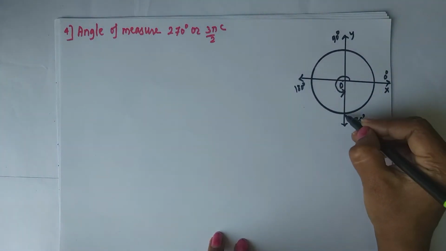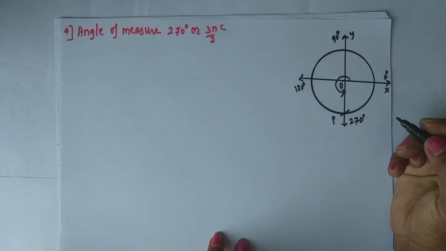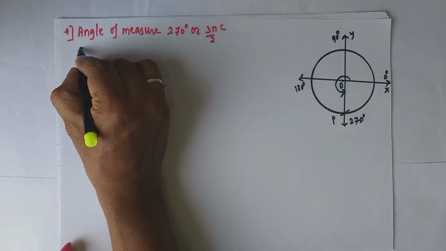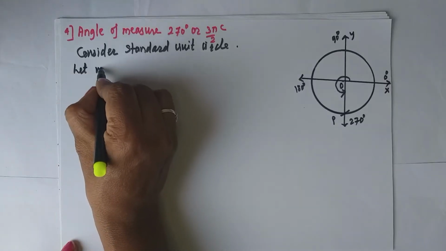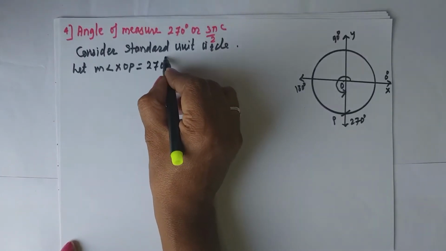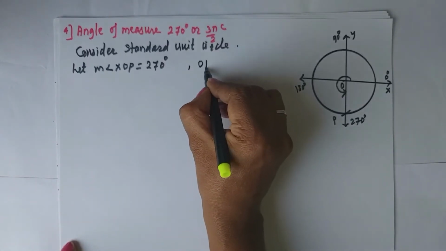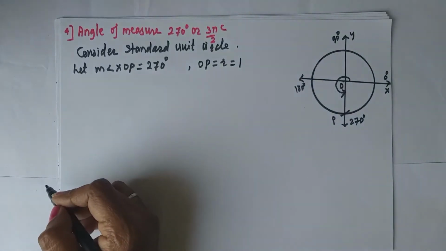Okay. Now point P will lie here on the negative direction of the y-axis. Okay. Then you again write down, consider the standard unit circle. Let the measure of angle XOP be 270 degrees. Then here OP is again the radius and it is a unit circle, therefore it is 1.